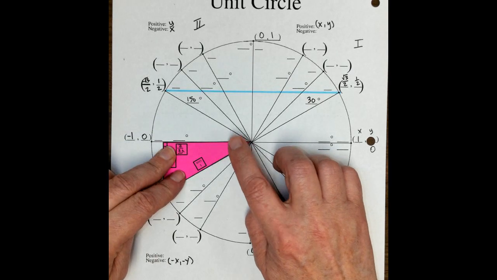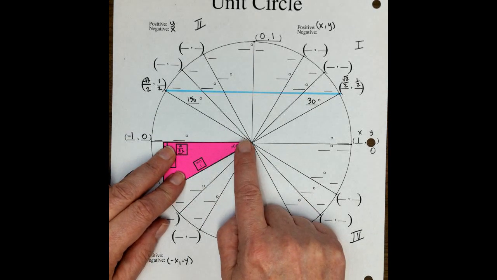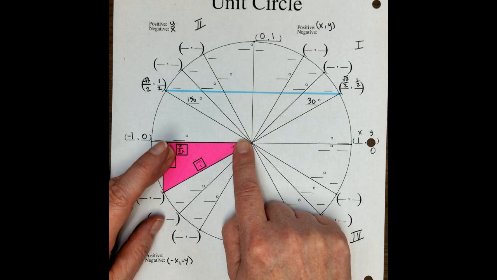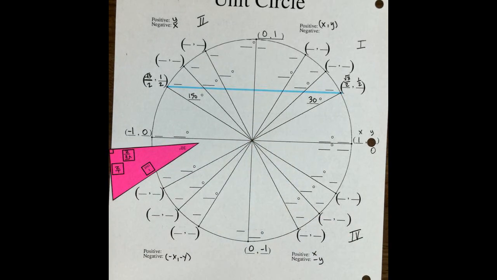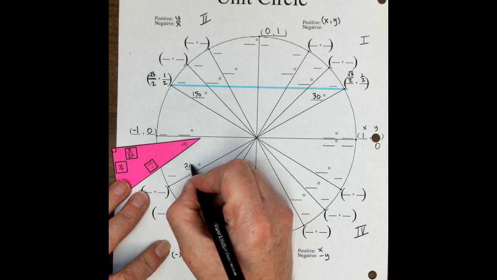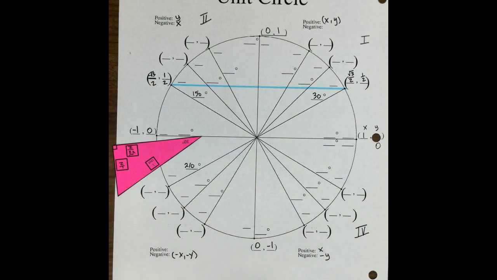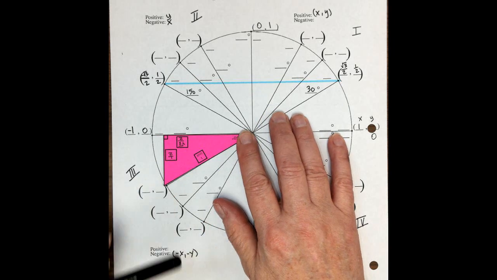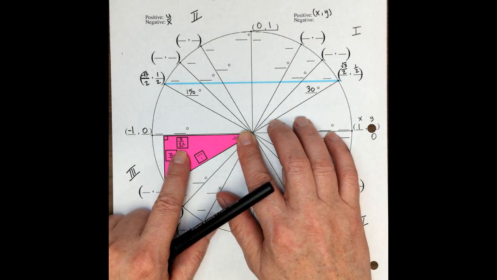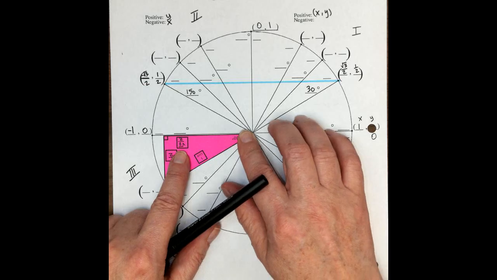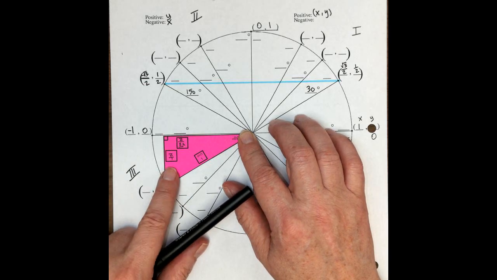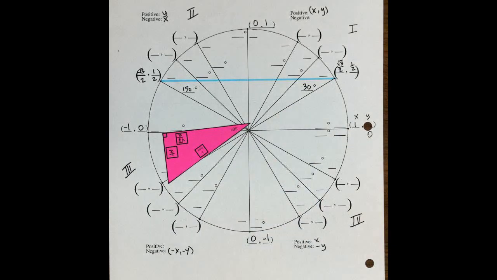Now again, this is still 30 degrees, this is still 180, so 180 plus 30 gives me 210 degrees. So now I'm sitting here at 210 degrees. But now my x value is still square root of 3 over 2, but now it's negative. Just like my y value of 1/2 is also negative.